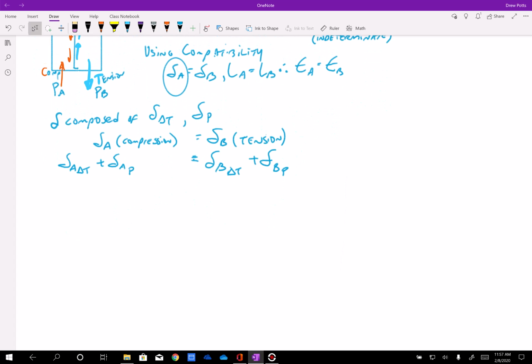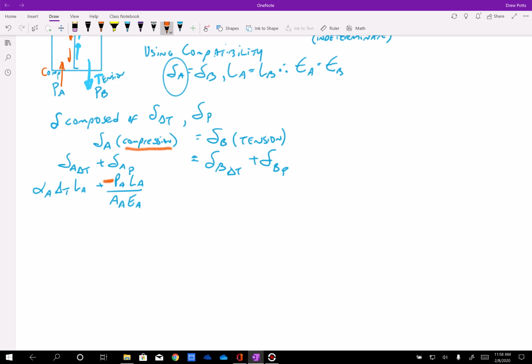And we know those expressions for change in length. It's alpha A delta T LA plus PA LA over area A EA. But remember that P is in compression, so we want to make this negative.